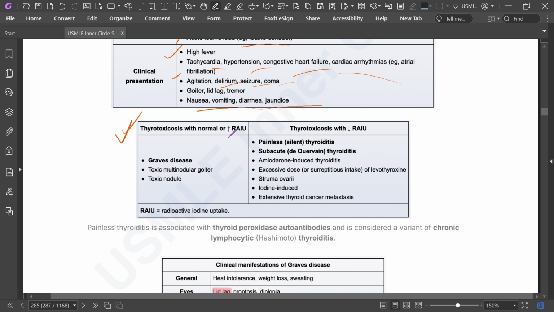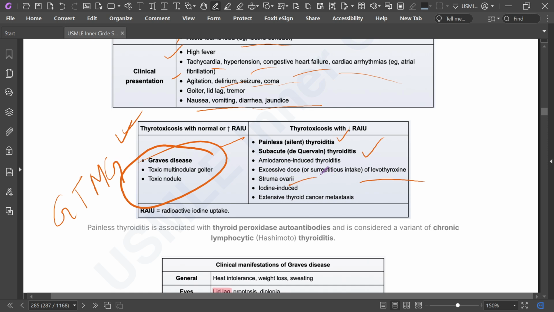Thyrotoxicosis with normal radioiodine uptake: Graves' disease, toxic adenoma, toxic multinodular goiter. And thyrotoxicosis with decreased radioiodine uptake: painless or silent thyroiditis, subacute thyroiditis, autoimmune thyroiditis, excessive dose of levothyroxine, struma ovarii, iodine induced, extensive thyroid cancer metastasis.